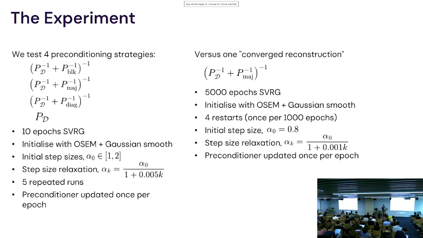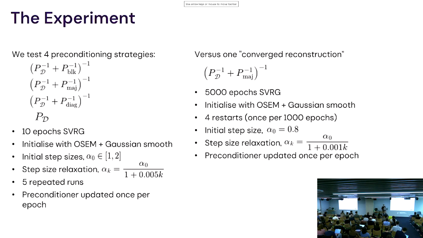What we did was look at 10 epochs of SVRG initialized with an OSEM with some Gaussian smoothing, with 2 initial step sizes of size 1 and 2, some step size relaxation, and 5 repeated runs with our preconditioner updated once per epoch. So to look at how well this would work if you applied this in a clinical setting, with the time lengths that would be appropriate for a clinical reconstruction.